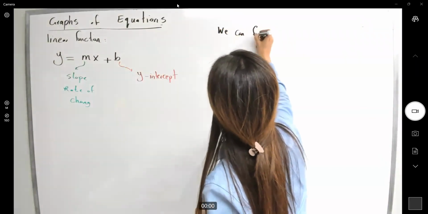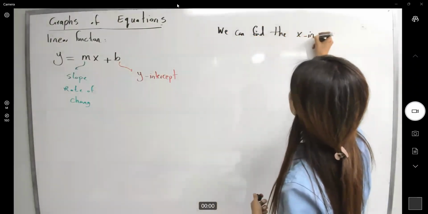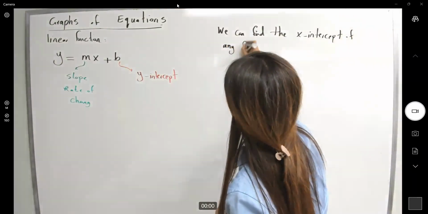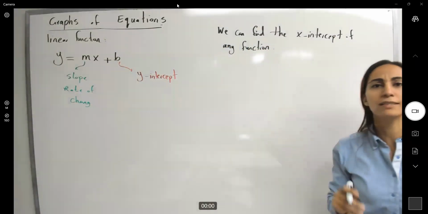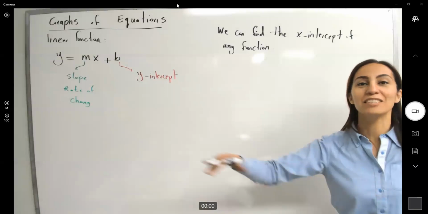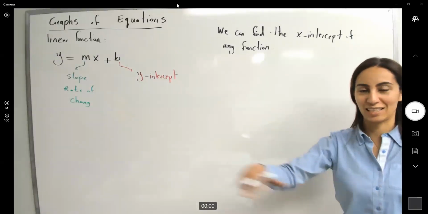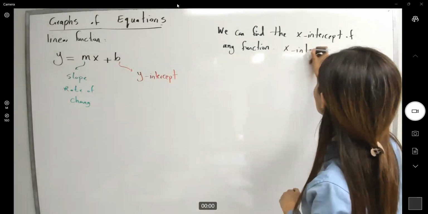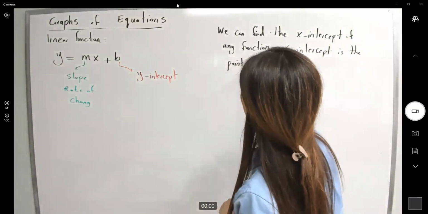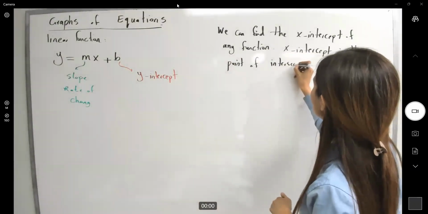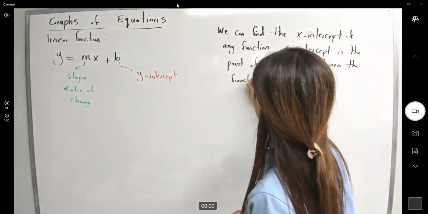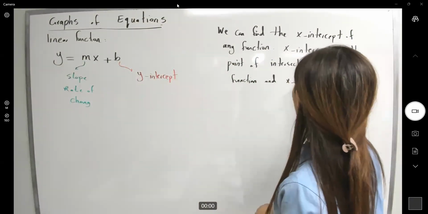So what is the x-intercept? The x-intercept is the point of intersection between the function and the x-axis.